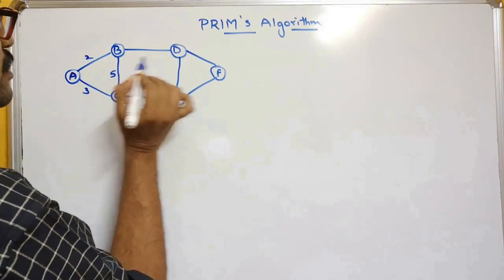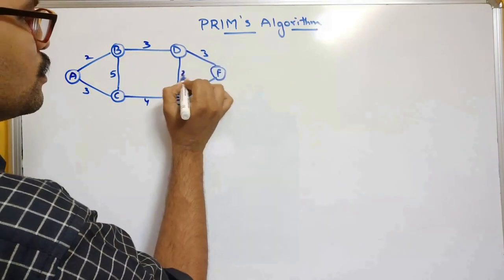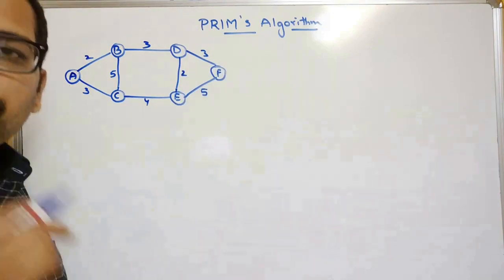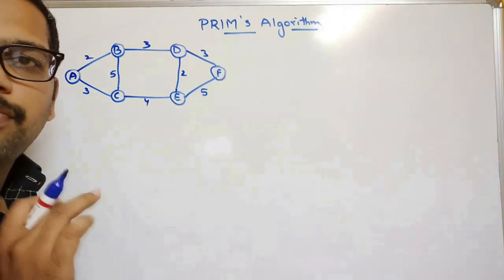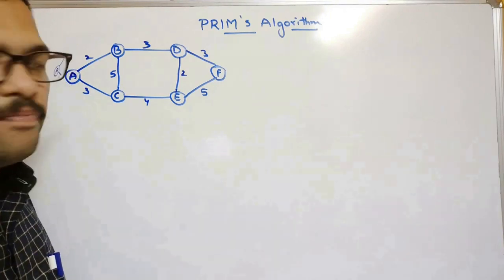So let us take some weights. So let us take these weights. Okay, this is a graph. Consider this graph. And we need to find the minimum cost spanning tree for this particular graph.